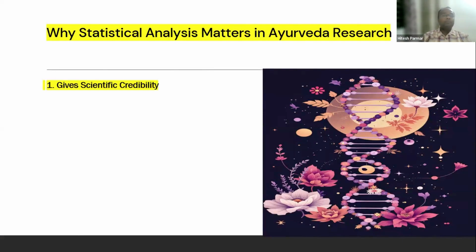Because it provides you scientific credibility. We are not just talking about facts and our own experience. If the appropriate statistical tools have been performed in our data analysis, then it provides scientific credibility, and credibility is a desirable characteristic in every research. At the same time, we are taking informed decisions.